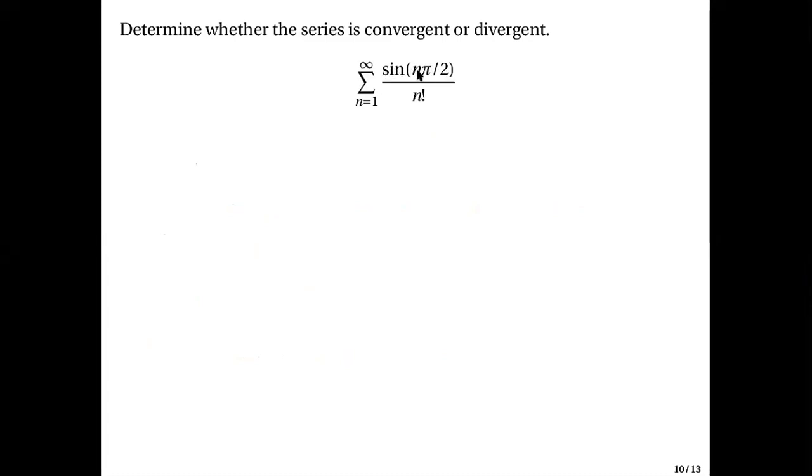When n equals 2, you have sine of 2 pi over 2, so that's sine pi, that's equal to 0. And then when n equals 3, you have sine of 3 pi over 2. That's negative 1.